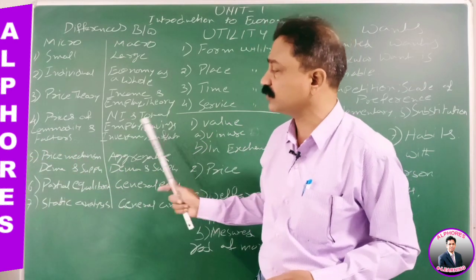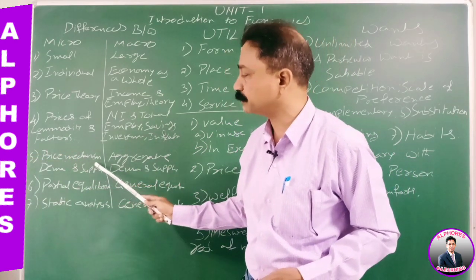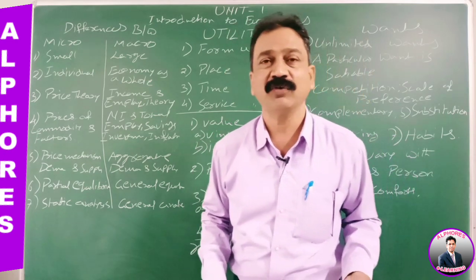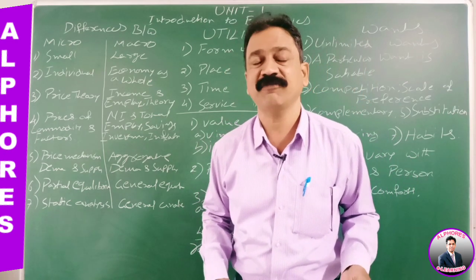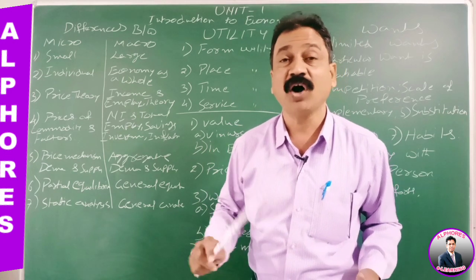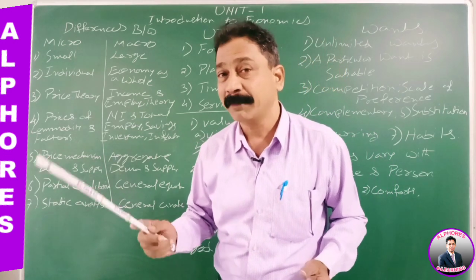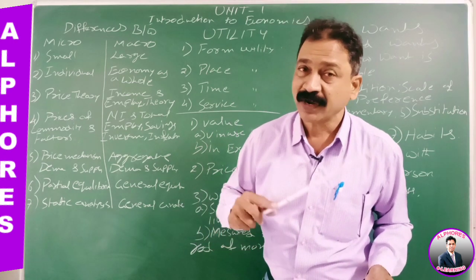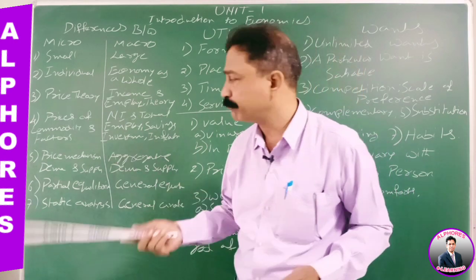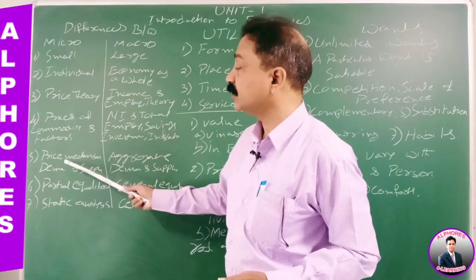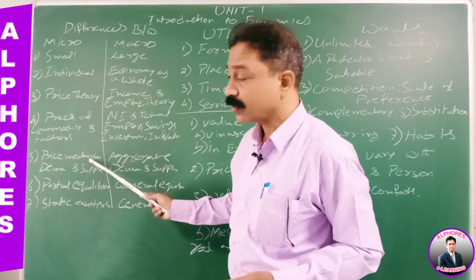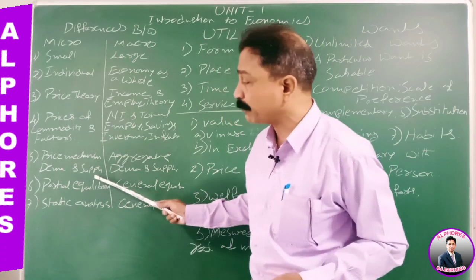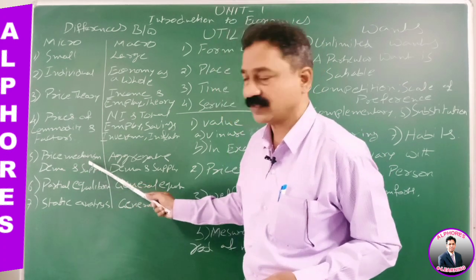Okay, next we will see price mechanism. At this point, we have to see how prices are fixed. What influences the price? Price influences demand and supply, and at the same time, demand and supply influence the price.